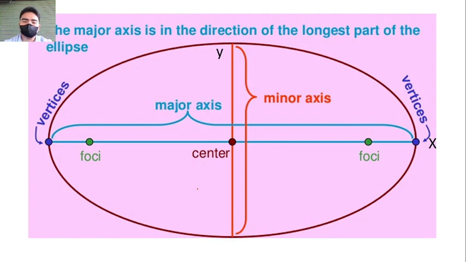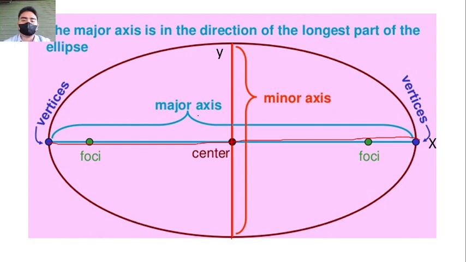Alright, so let's have this ellipse. Okay, from the major axis, which is our major axis? Isn't it that you have a mini Cartesian plane inside the ellipse? We have the x-axis and you have the y-axis inside of it, isn't it?